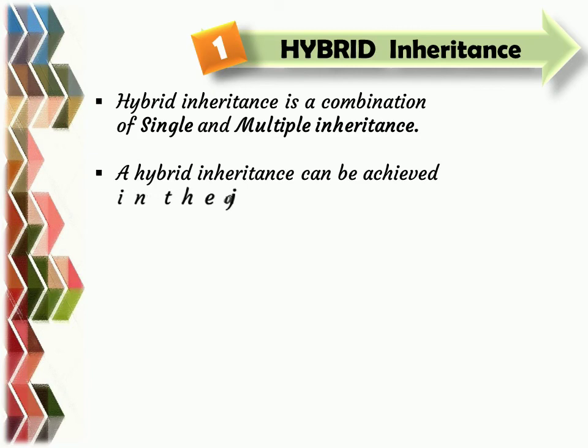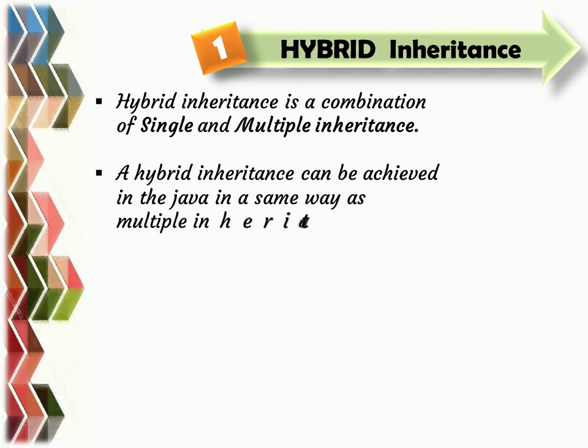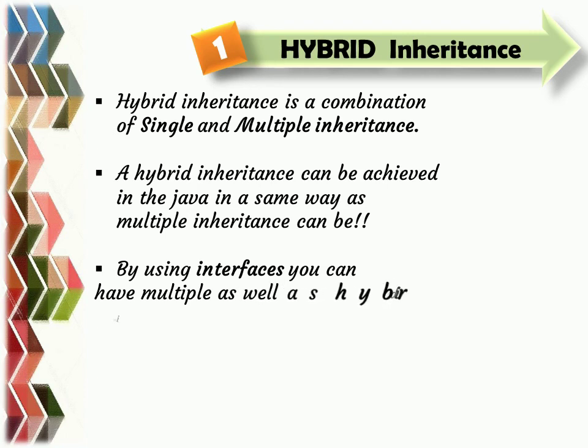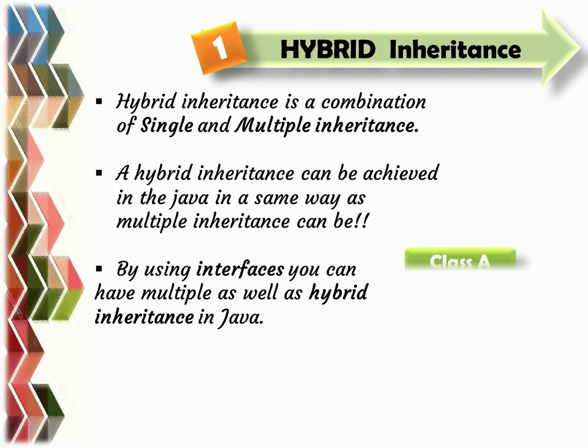It can be achieved in Java in the same way as multiple inheritance can be. It means we can use an interface for hybrid inheritance. Okay, so by using this interface, you can have multiple as well as hybrid inheritance in Java.